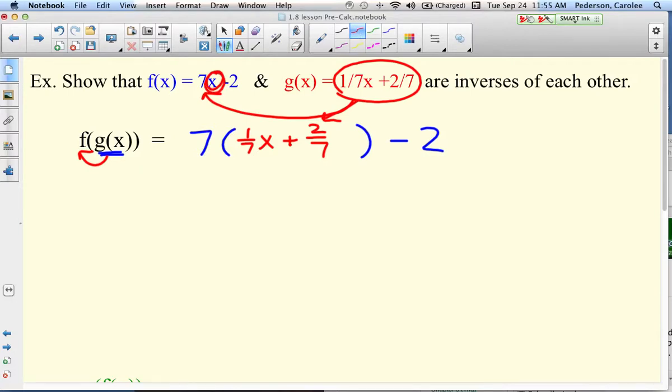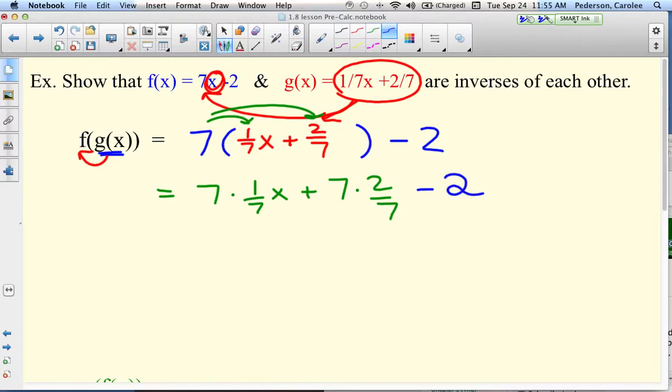Now I just need to clean it up. So I'm going to distribute the 7 through to this parentheses. So I'm distributing it here and to there. So I have 7 times 1/7 x plus 7 times 2/7. And then I have that minus 2 at the end. 7 times 1/7 x, the 7's cancel, and you're left with just 1x.